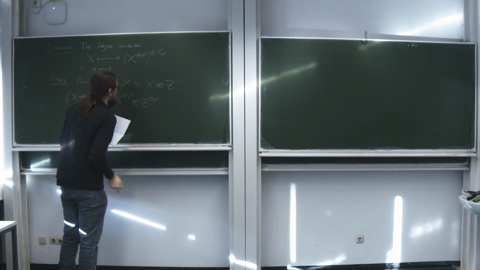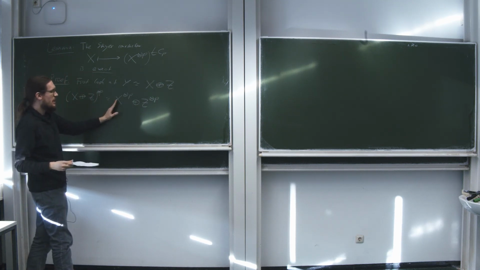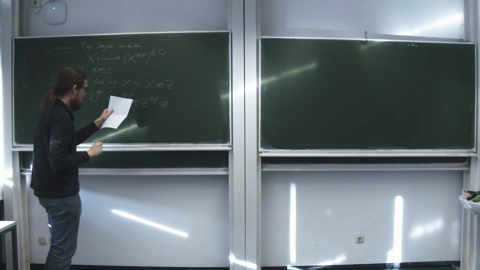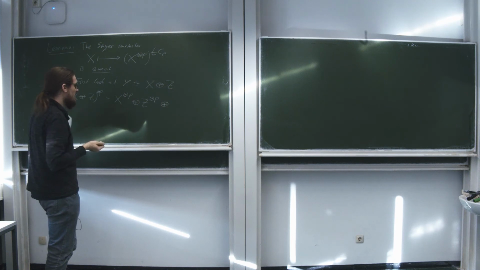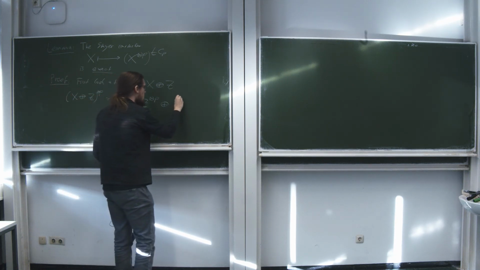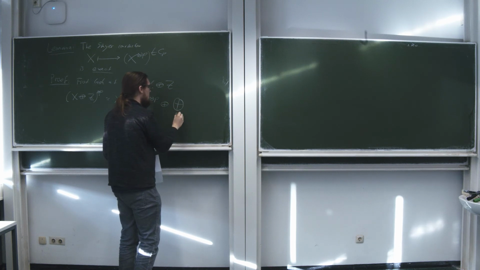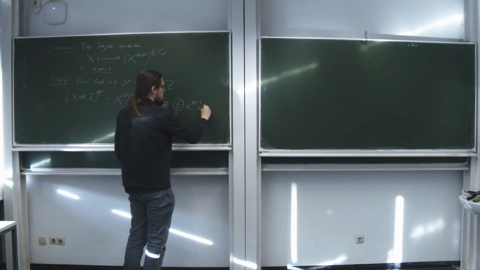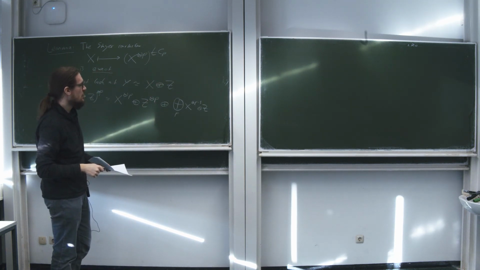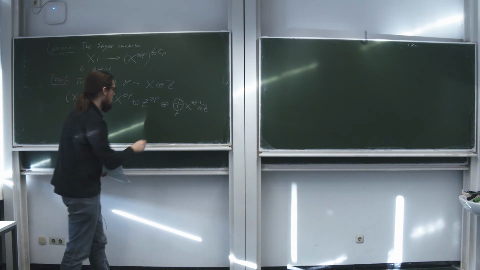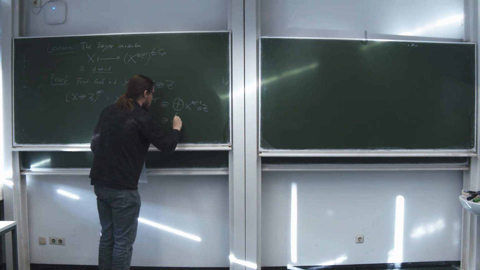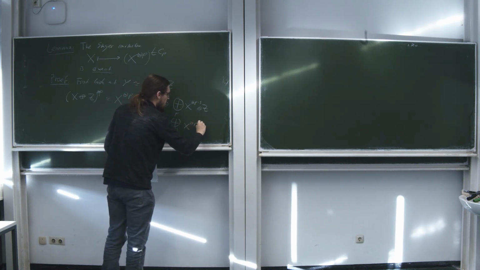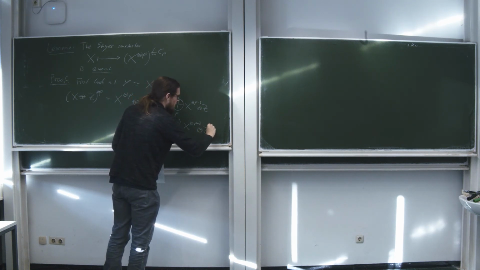This does have two summands, X^{⊗p} and Z^{⊗p}, but then there's some kind of cross effect happening, which is a sum of certain mixed terms. For example, there are p summands which all have p minus 1 factors X and 1 factor Z. There are p choose 2 many summands which have p minus 2 factors X and 2 factors Z.